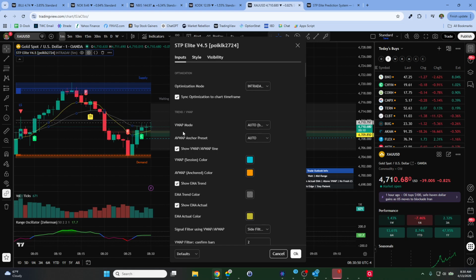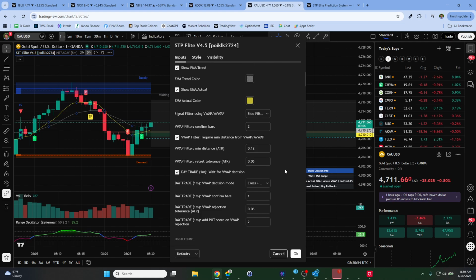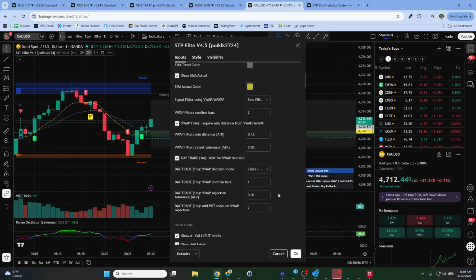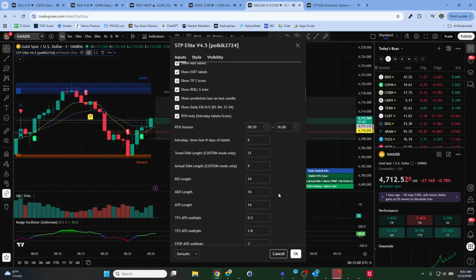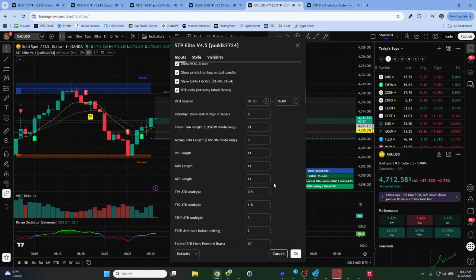And again, what VWAP mode do you want? Auto? Do you want it by the session? You can come down here and change your variables for how many days you want to have, or what your RSI length is, or what your ATR length is.